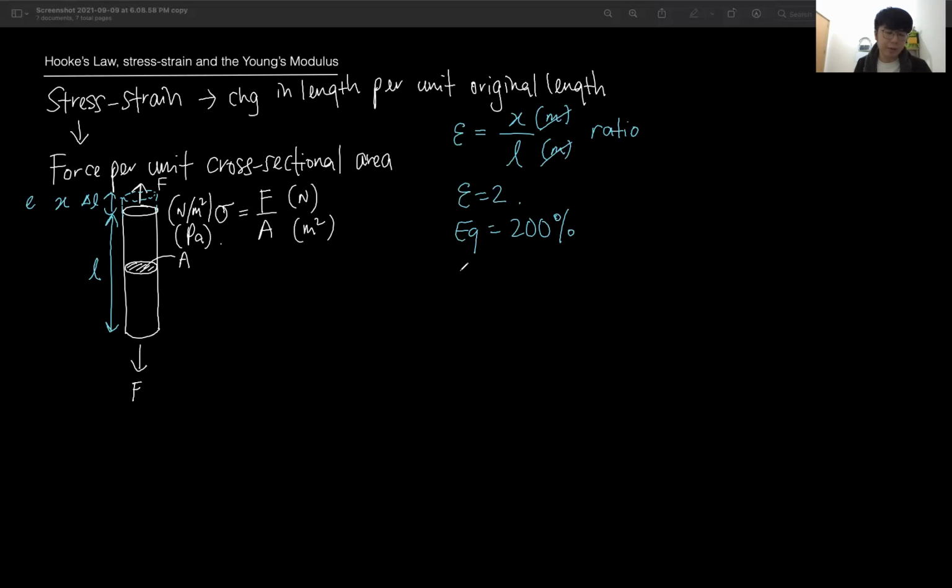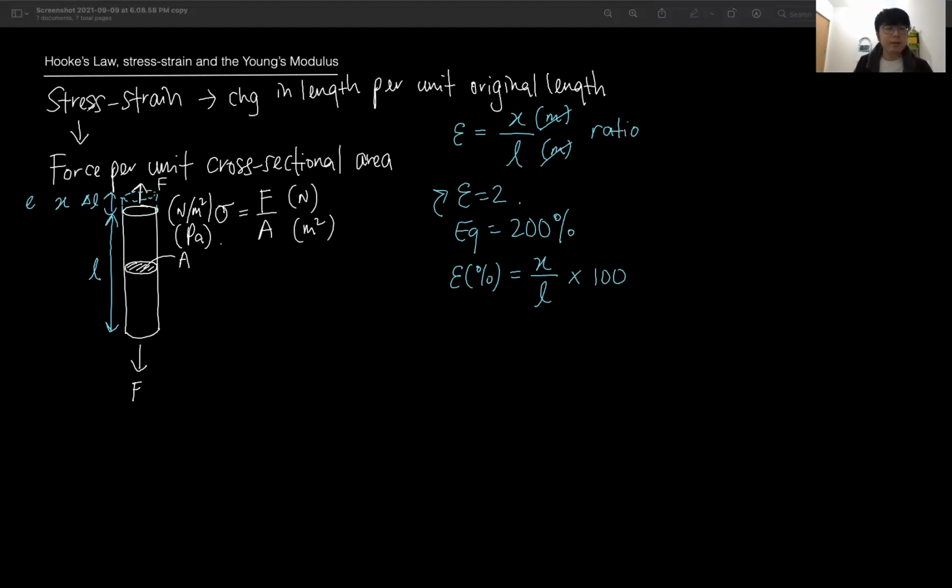Because we have our formula, strain in percent is you take X over L and times 100, you get a percent. So if it's 200%, that is the same as 2. Sometimes it's percentage, sometimes it's a ratio.